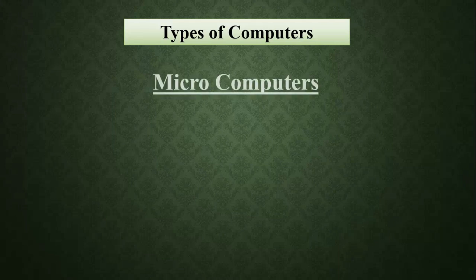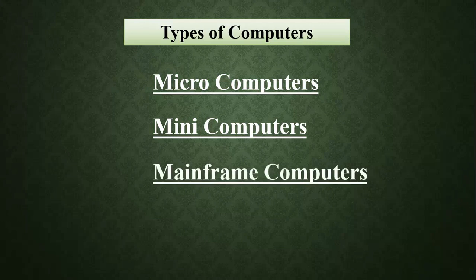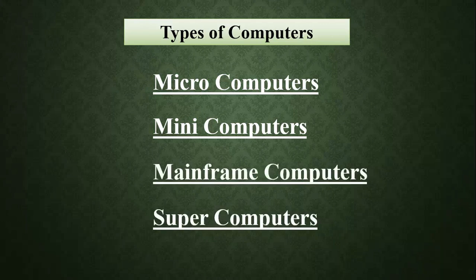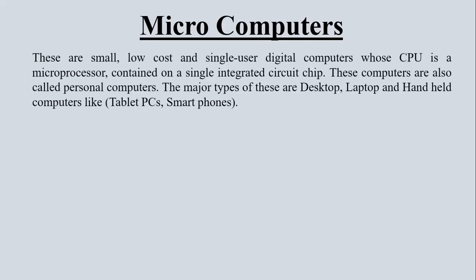They are microcomputers, mini computers, mainframe computers, and supercomputers. So let's start with microcomputers. These are small, low cost, and single user digital computers whose CPU is a microprocessor contained on a single integrated circuit chip.